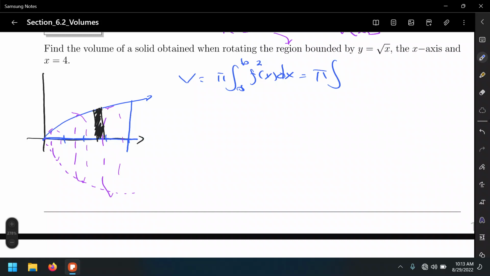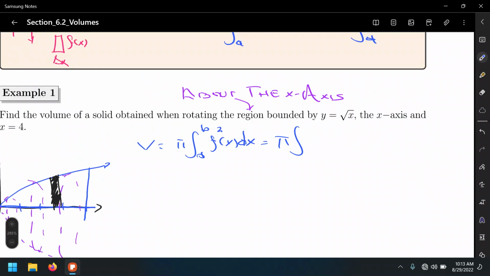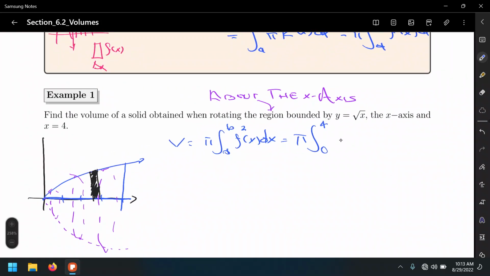The lower limit is the origin, 0, and the upper limit is 4. And the function that we're going to square is square root of x dx. Well, in this case the radical cancels the square. We're left with only the integral of x.